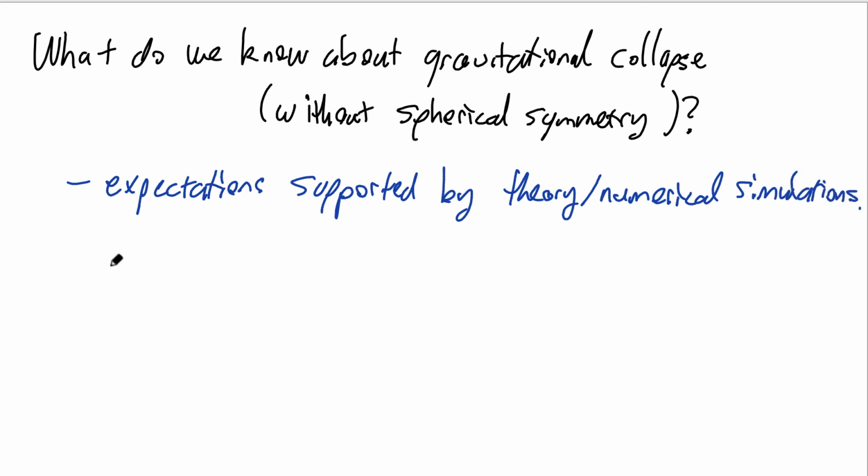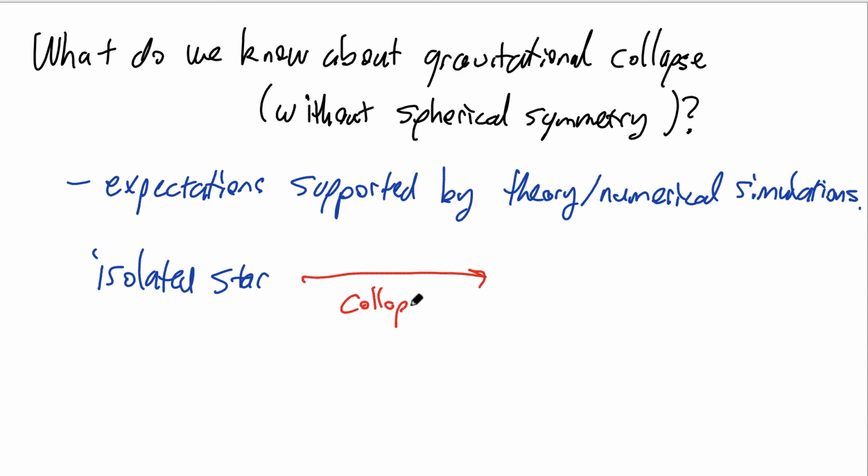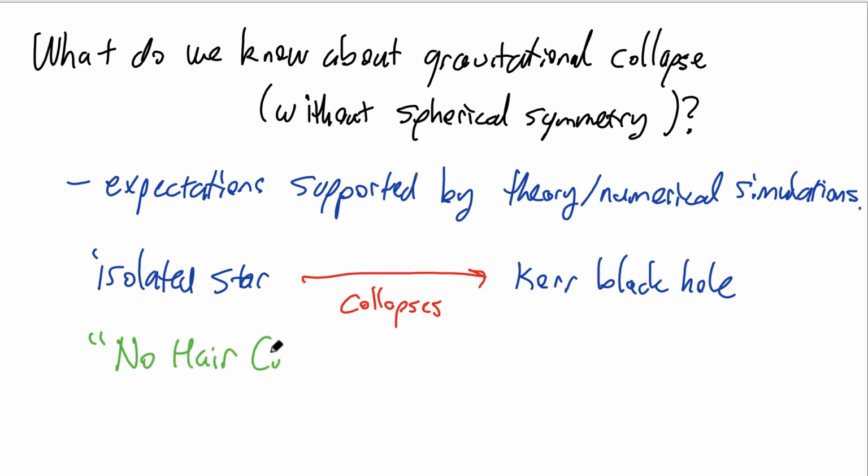So the expectation is that an isolated star, when it collapses, will quickly settle down to form a Kerr black hole. This is referred to as the no-hair conjecture, or the no-hair theorem.